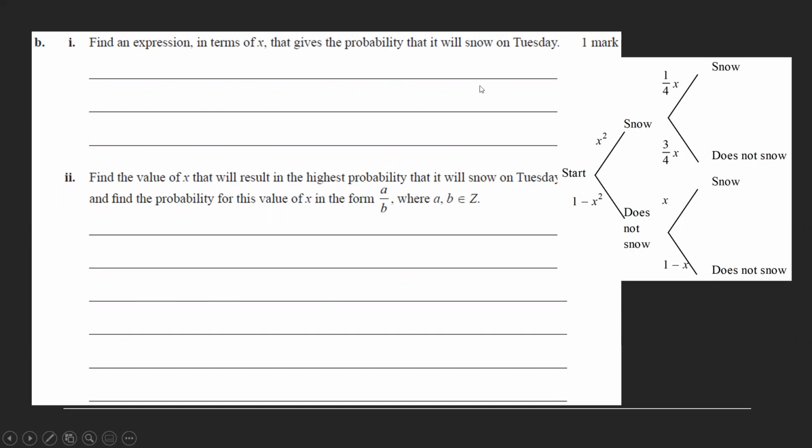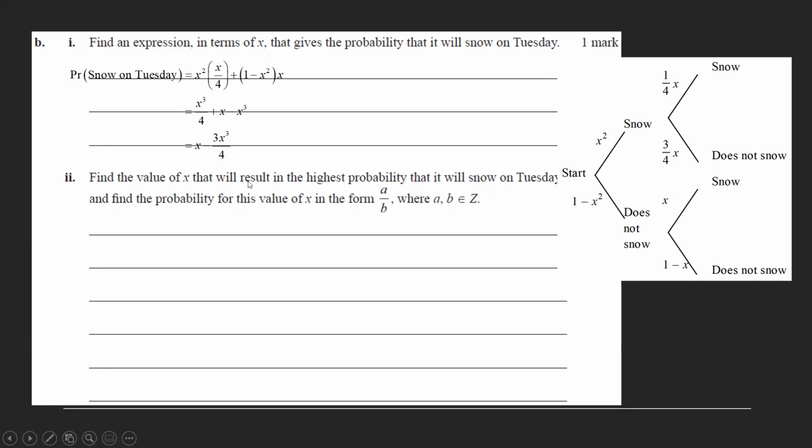So you need to consider x squared times 3/4 x, add 1 minus x squared times x, and simplify that expression. Bear with my poor formatting here. The answer should be x minus 3x cubed over 4. The writing lines covered my vinculums and the subtractions, but I hope you guys can get it.